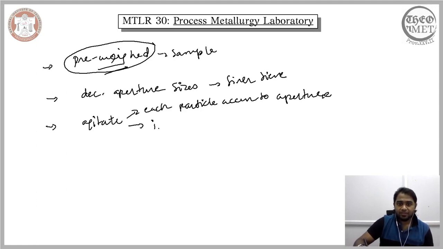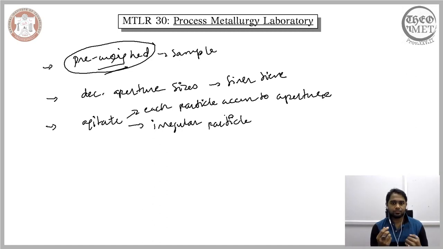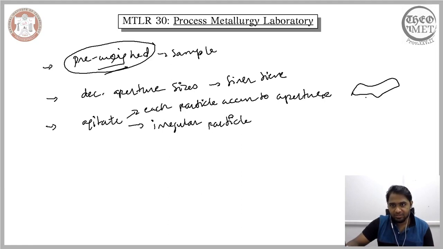since we have irregular particles, or mostly irregular particles, in our mixture, in a specific orientation these irregular particles may find their way through the aperture. So if I assume a particle such as this, and the aperture size is this, then in this orientation my particle may not pass through this aperture.